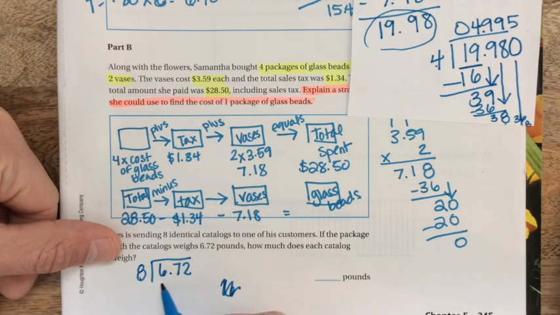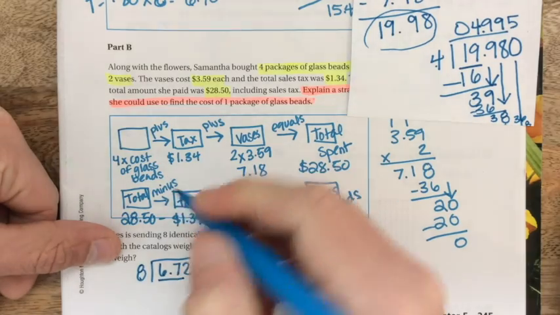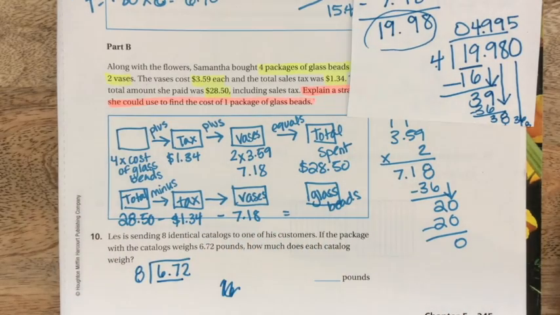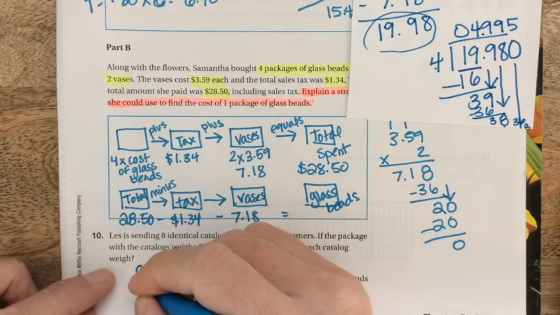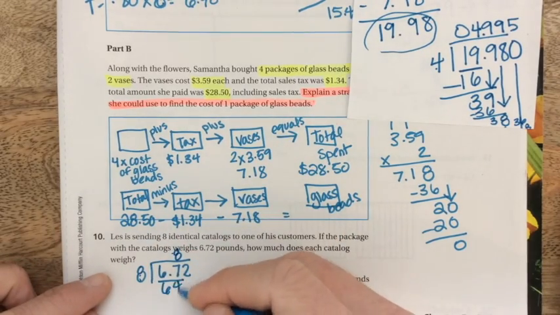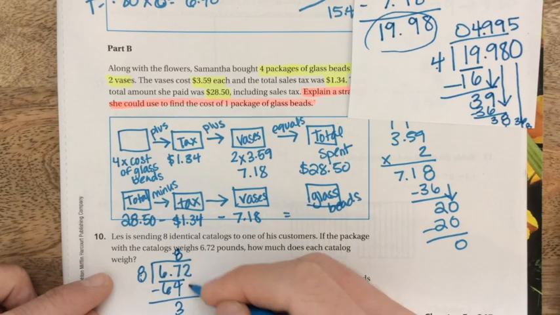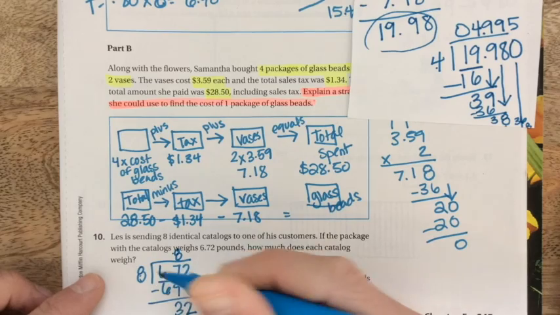Well, looking with my 8 and my 6, I can't do that, so I need to now be thinking about 67. Well, let's think about 8 times 9 is 72. 8 times 8 is 64. So I would start there, multiply 8 times 8, 64, subtract, bring down, repeat. 32 divided by 8.